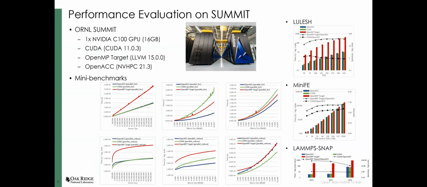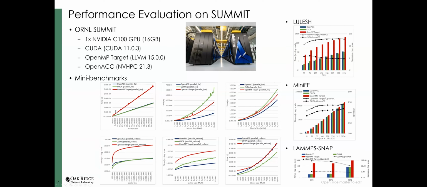We have focused on using one NVIDIA GPU. There is an error here, I have just realized that it's a V100, not C100. It's a Volta NVIDIA GPU. And we have used all the backends that we can use for NVIDIA GPUs today in Kokkos: the OpenMP target backend, the CUDA backend, and then the OpenACC backend.